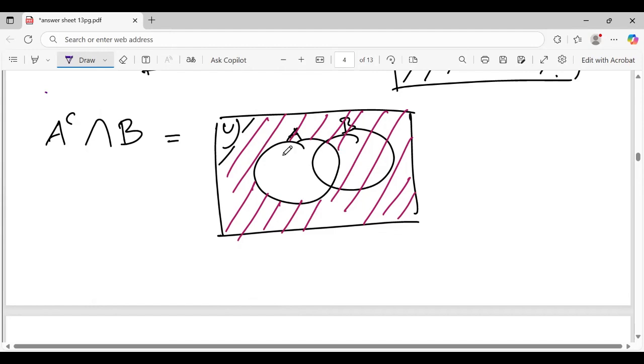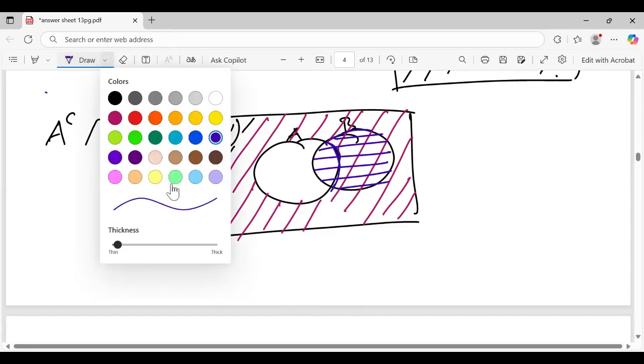The first shading area. And then intersection B, it means all elements of B is this shading area as well. So find the double shading area, this area. Okay. We're using a different color.